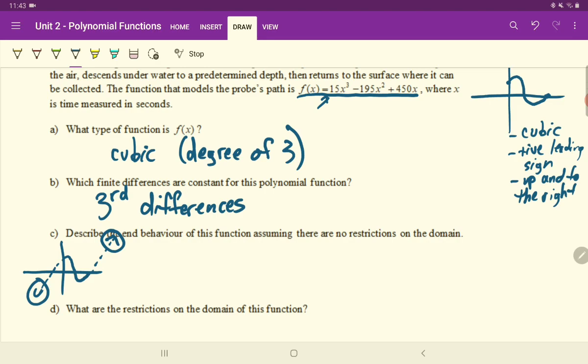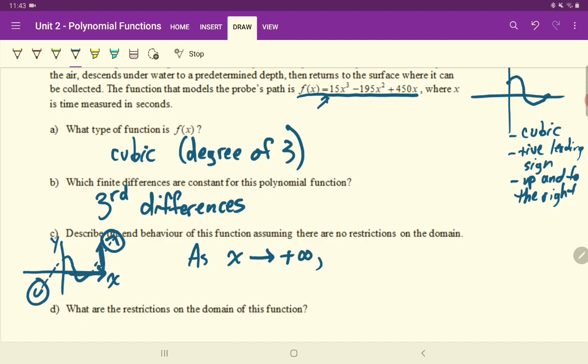So let's describe what's going on. Here's our x, here's our y. As x approaches positive infinity, what is happening to y?